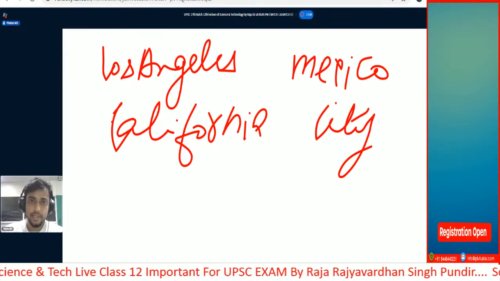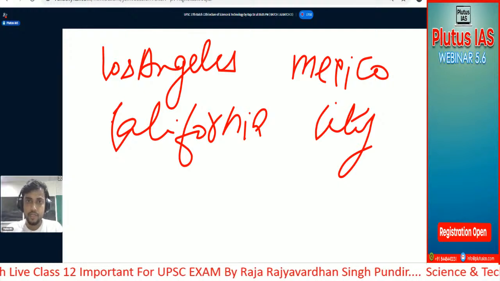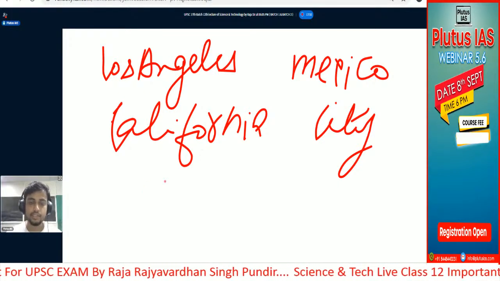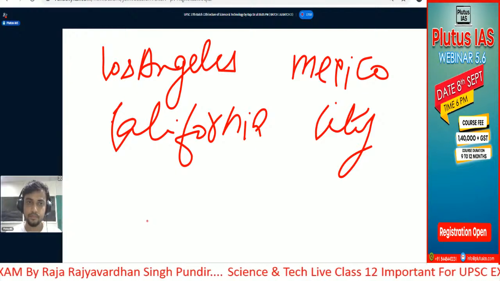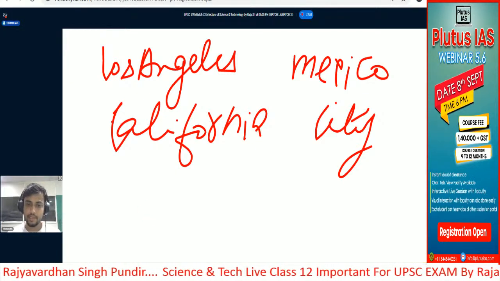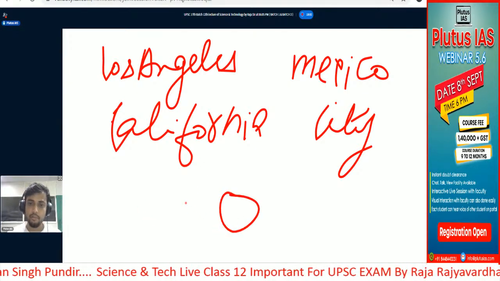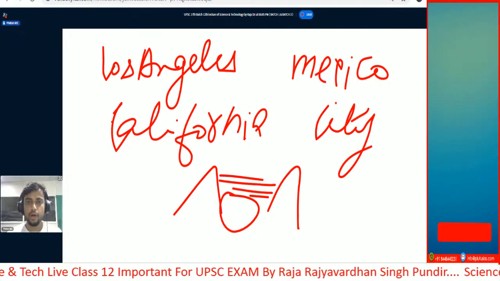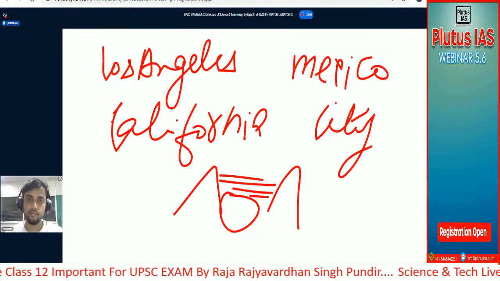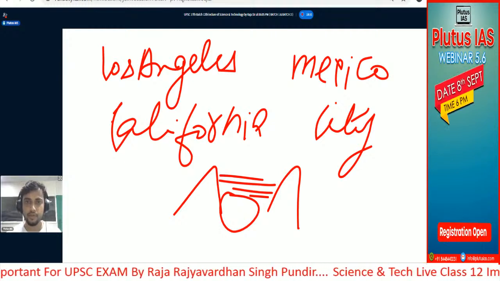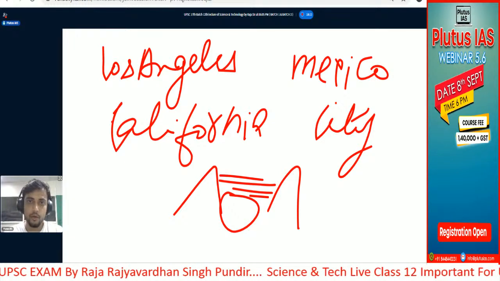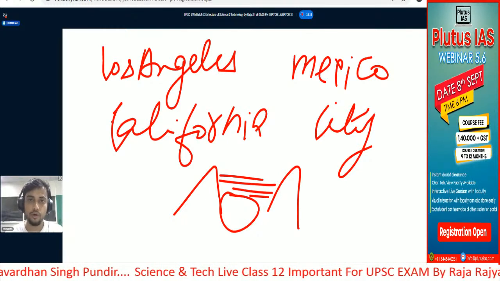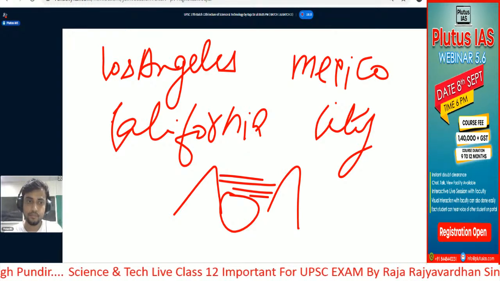So these cities are situated in the basin areas, in the valley areas, and these are surrounded by mountains. Because these cities are surrounded by mountains, the smog cannot disperse easily because of a funnel shaped structure. The smog cannot escape easily. So the smoggy conditions persist for a longer duration in these cities.